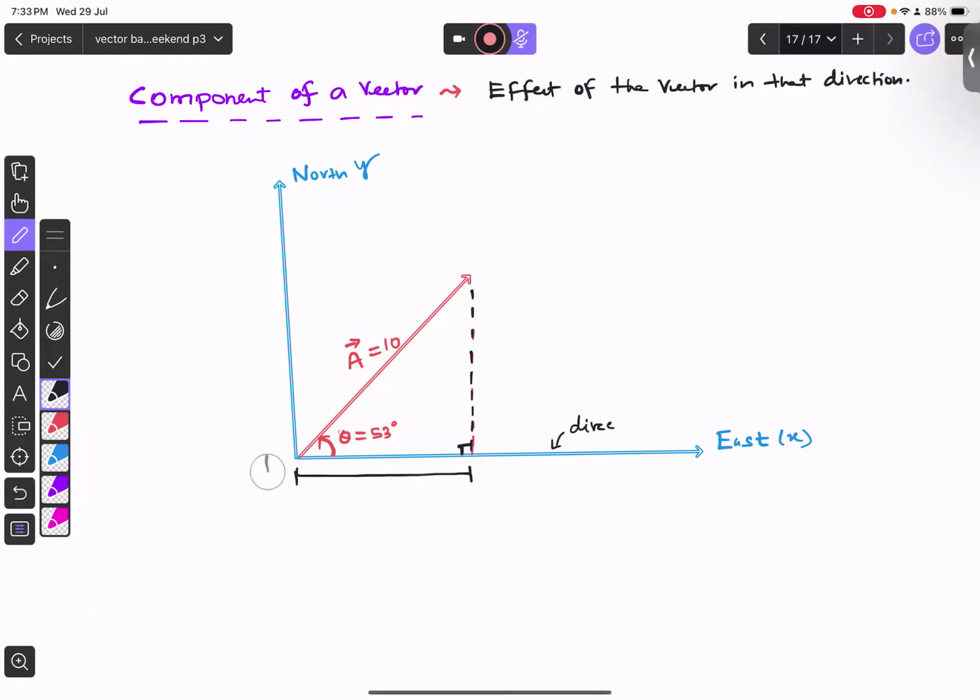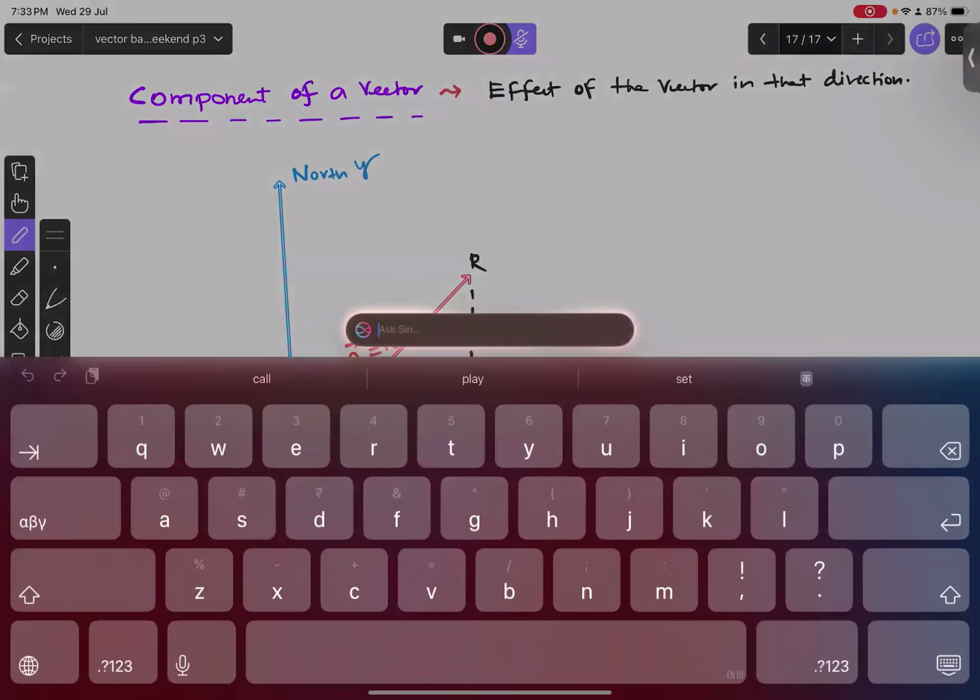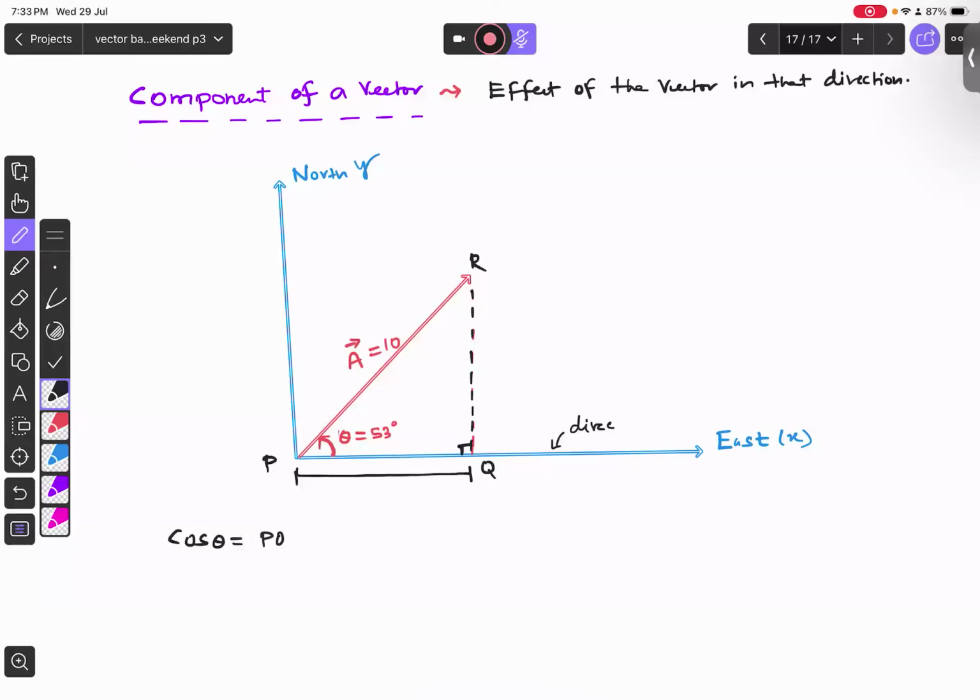Maybe I will name this triangle P, Q, and R. PR arrow represents the vector A. PQ arrow will represent the component of the vector A along the eastward direction. In triangle PQR, I can write cos theta equal to PQ by PR.